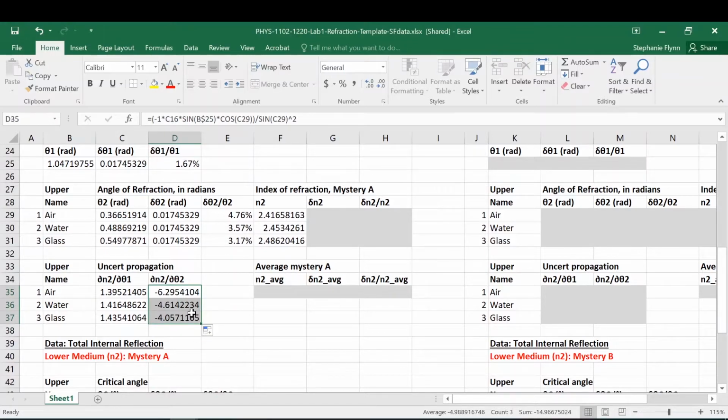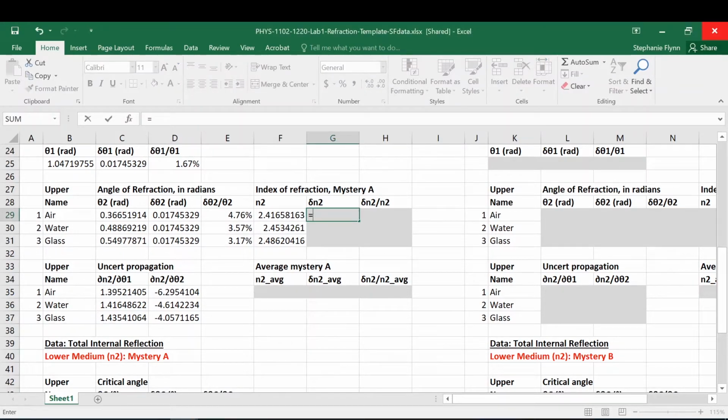So now I've done sort of the hard work over here, and now I'm ready to type in my formula for the uncertainty for my index of refraction for n2. So this is equal to the square root, so using the square root function sqrt, and it's the square root of this first partial derivative squared times the uncertainty of theta 1 squared using the value in radians.